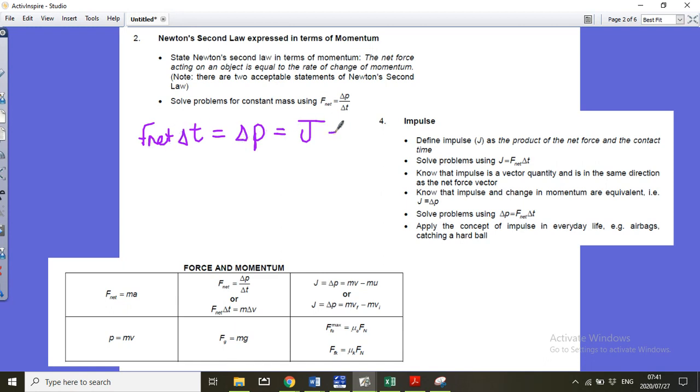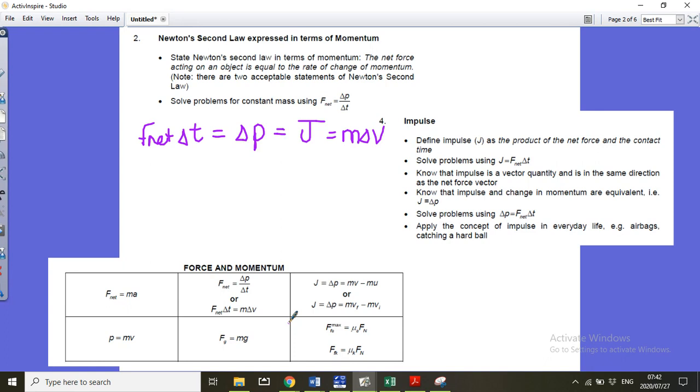But we've already got that it's also equal to m delta v. Please, in an exam, remember that all these equations are actually impulse equations. So impulse and change in momentum is exactly the same thing. So you can use any of those equations.